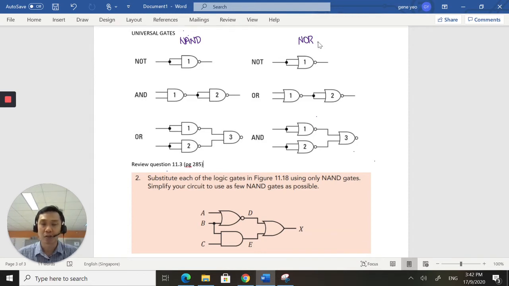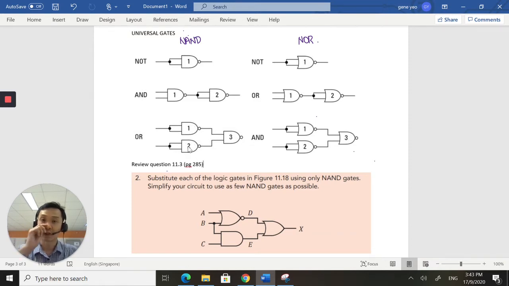Yeah. So if I want to use a NOT gate, I can actually use a NAND gate to build a NOT gate. If I want to have an AND gate, I can actually use a NAND gate to build an AND gate. If I want to have an OR gate, I can actually use a NAND gate to build an OR gate.